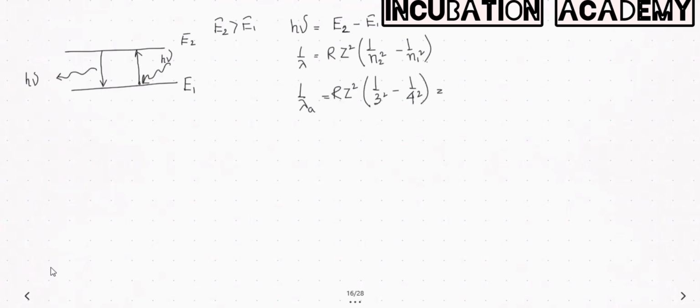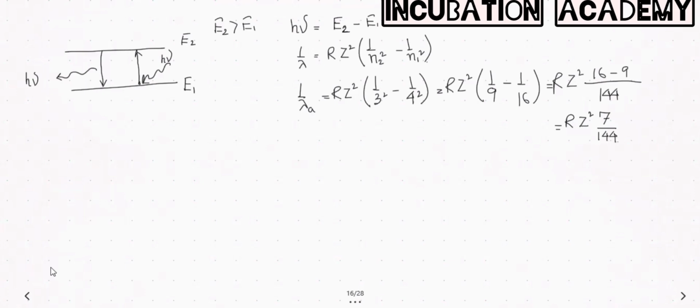This becomes R Z square, 1 by 9 minus 1 by 16. The LCM is 144, so it is 16 minus 9, and this is the Rydberg constant multiplied by Z square, 7 divided by 144.